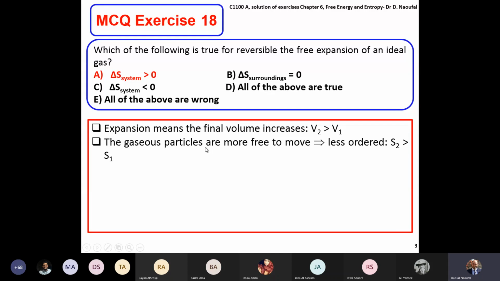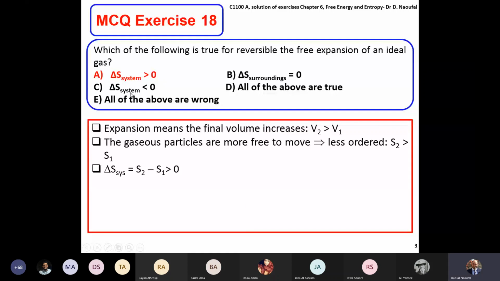So these particles in the final system are less ordered. So S2 is greater than S1. So now delta S of the system during the expansion is equal to S2 minus S1. So in this case, the delta S of the system is positive. So the correct answer is A.